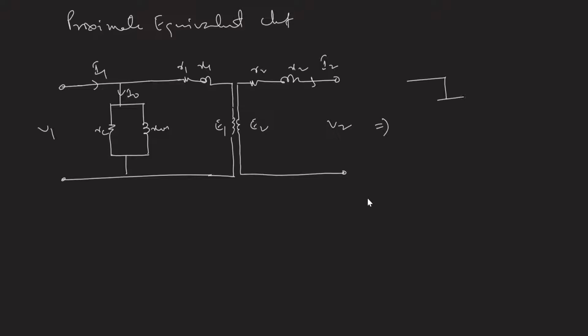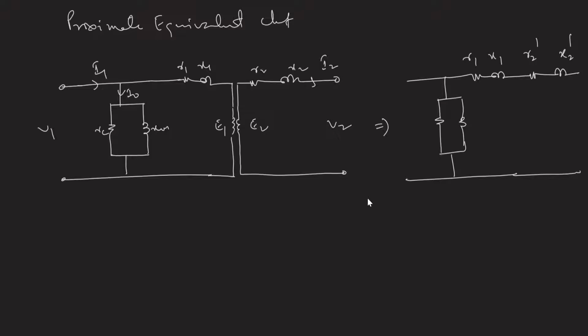We can draw the equivalent circuit: this is R1 X1, this is R2 dash X2 dash, this is again the same RC XM, this is I naught, this is IC or IL, this is I mu, and this is V1, and here we have E1 equals E2 dash, and this is V2 dash.